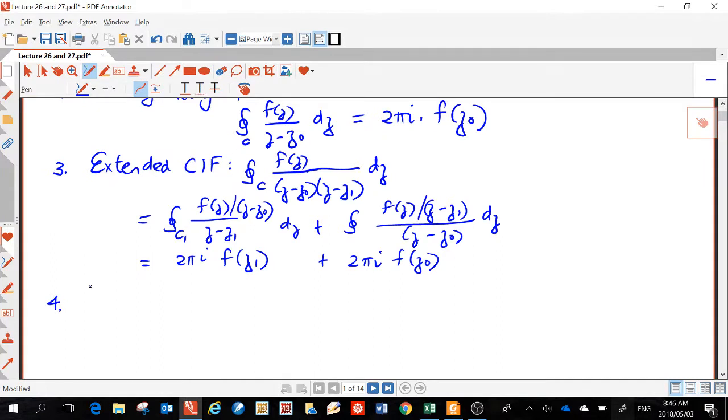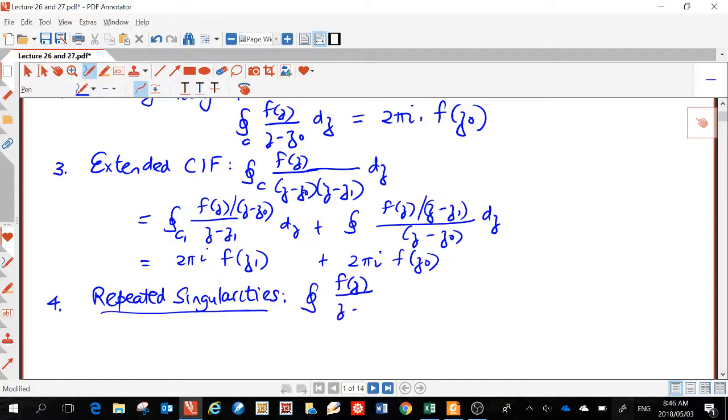So now if you have repeated poles, repeated singularities, for example, if you have the integral of f of z over z minus z naught to the power k plus 1 dz, this was 2 pi i over k factorial, and then you take the kth derivative, so it's f superscript k at the point z naught, the kth derivative at z naught.